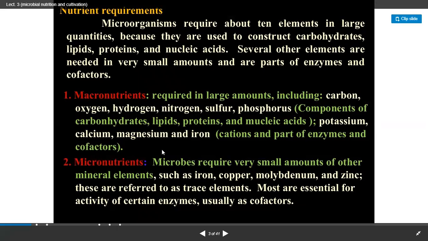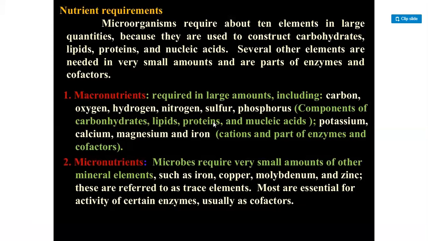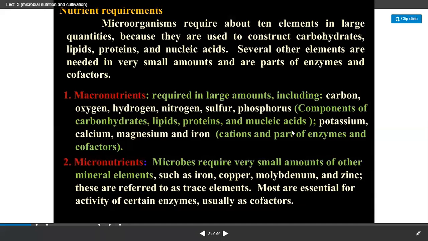They are actually the components of carbohydrates, lipids, proteins, not in the pure form, but as components in some other food material. Similarly, they also require potassium, calcium, magnesium, and iron in various combinations, means they are cations or part of enzymes or cofactors. So these macronutrients are required in large quantities.